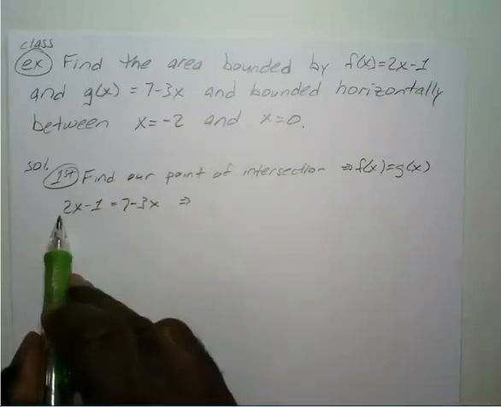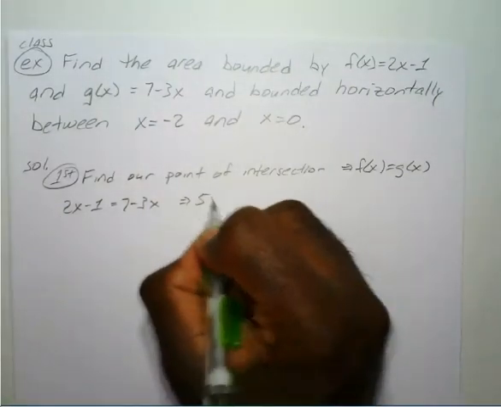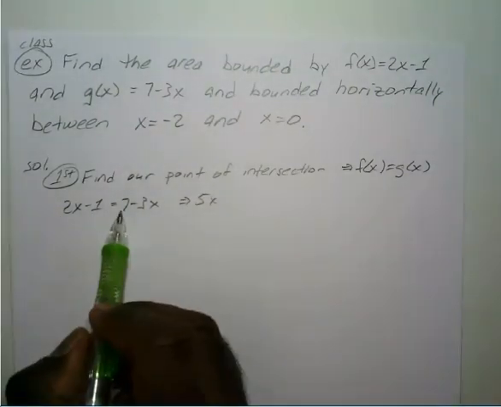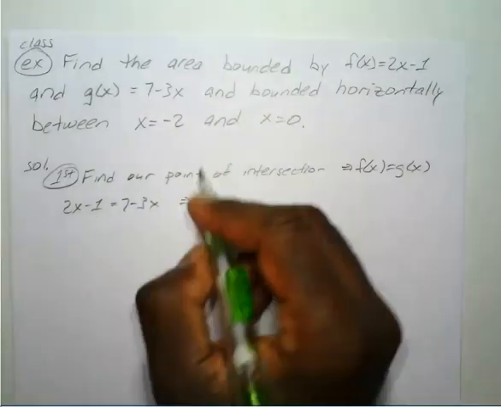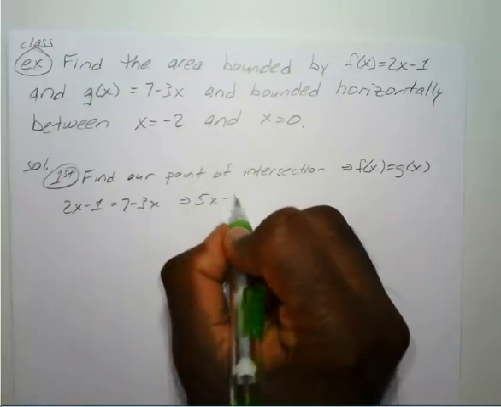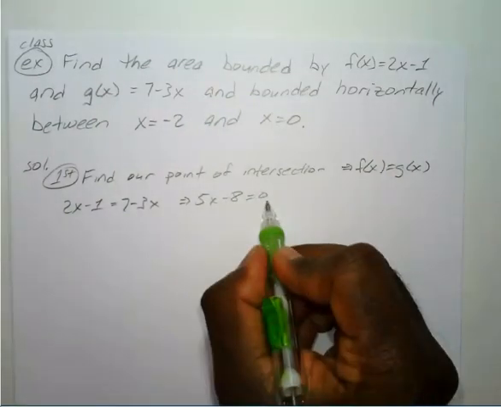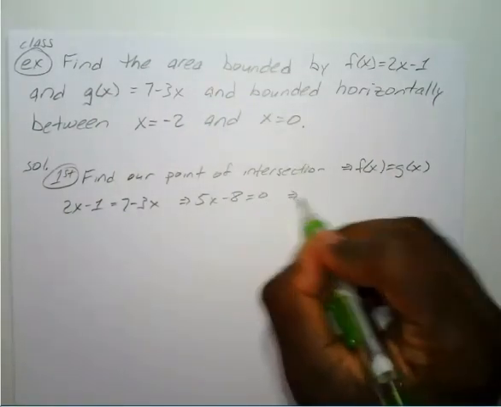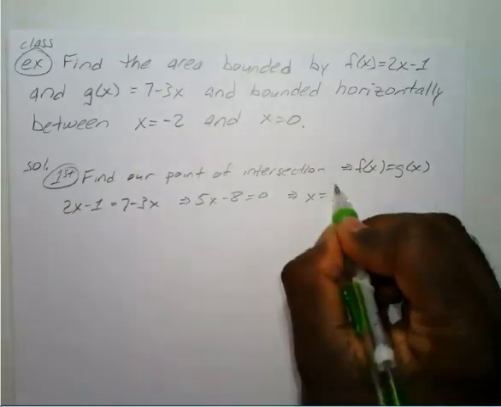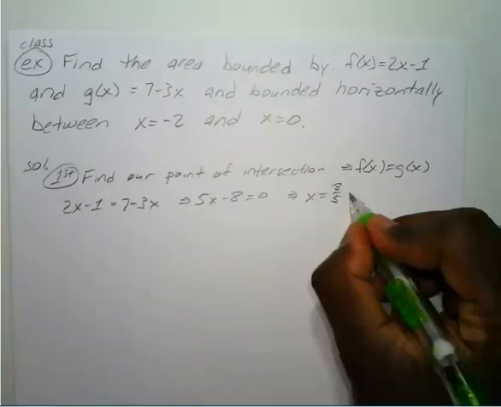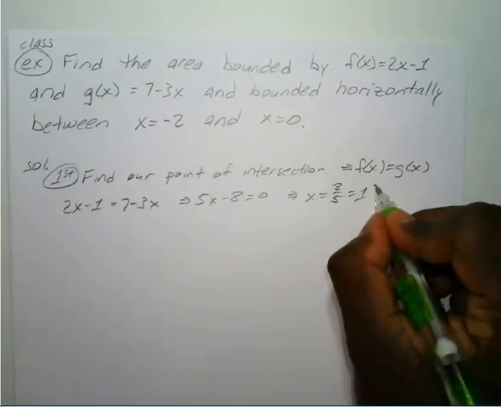If we add 3x to both sides, we get 5x. If we subtract 7 from both sides, we get minus 8 equals 0. So if we add 8 to both sides and divide by 5, we get x equals 8 over 5, which is 1 3/5.